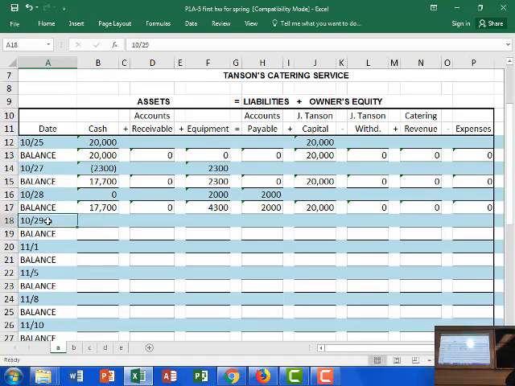One more transaction, and guess what we have to do? We have to close the books for October. You're like, what? We'll get there. On the 29th, paid $900 to Ryan Company as partial payment on the October 28 transaction. The October 28 transaction is that we bought additional equipment. So we're paying this guy.